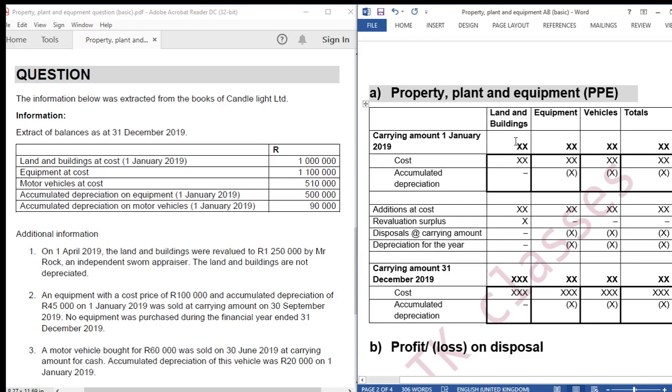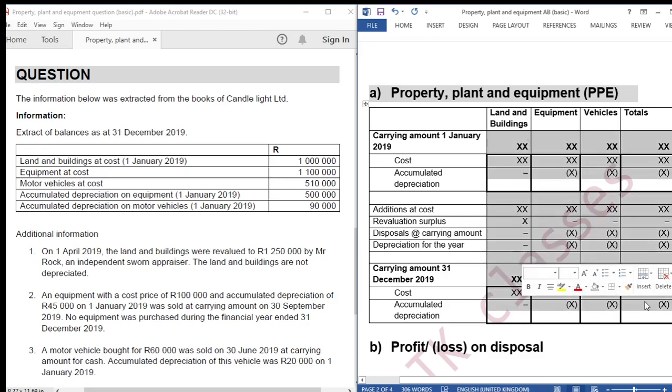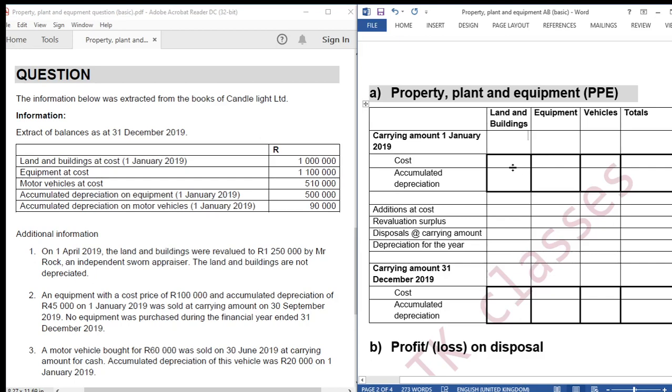Our first column is for land and buildings. This is what you have to know about land and buildings. Land does not depreciate, except for land for quarry and mines. If the question combines land and buildings like this, it means we are not going to have depreciation for land and buildings. We are going to replace all this with amounts.